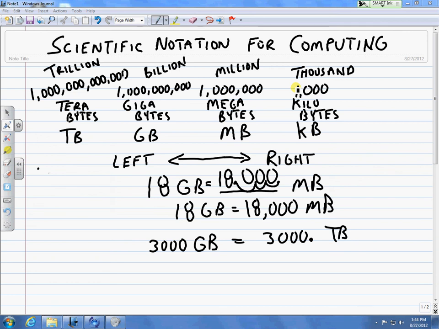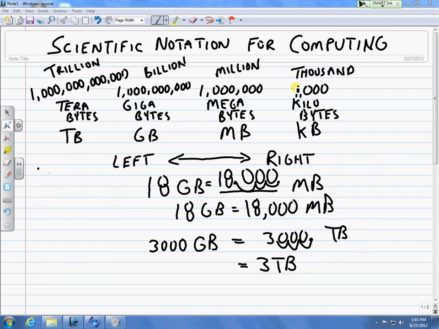I'll move the decimal point 3 positions. 1, 2, 3. So 3,000 gigabytes is actually equal to 3 terabytes. In our first example, we moved the decimal point 3 positions to the right. In our second example, we moved the decimal point 3 positions to the left. It's very important that you're able to convert back and forth, because these are common measurements, and it's part of being, I believe, fluent in computing and information technology.